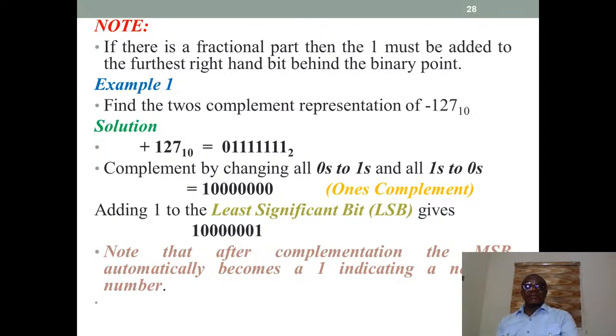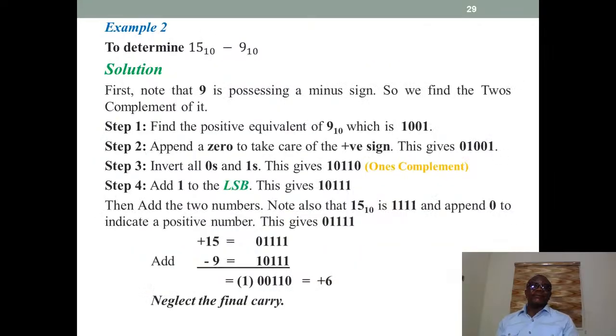So if we do, it gives us 1000000. Then we add 1 to the least significant bit, and it gives us 1000001. So note that after complementation, the most significant bit automatically becomes a 1, indicating a negative number.